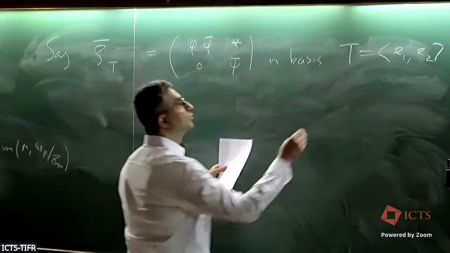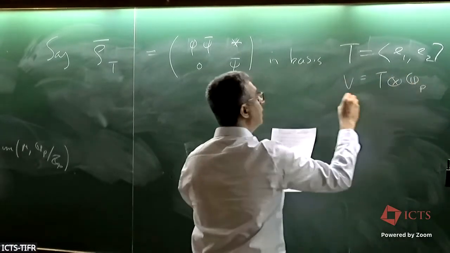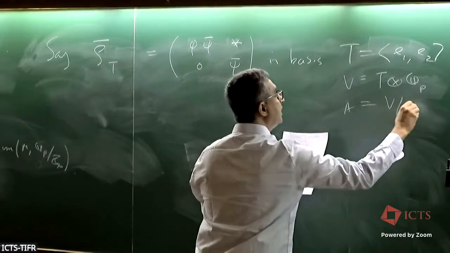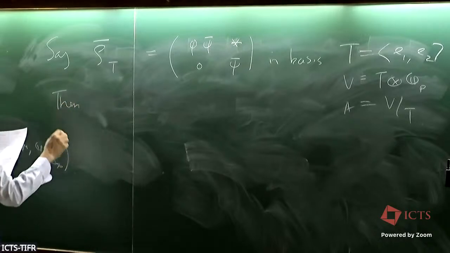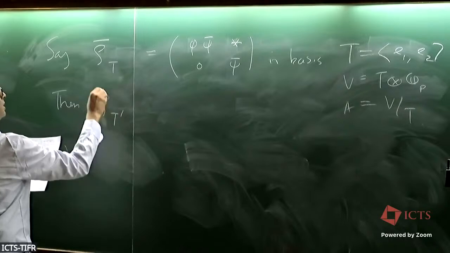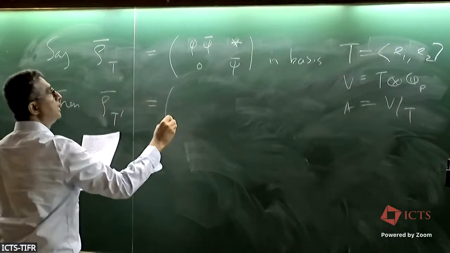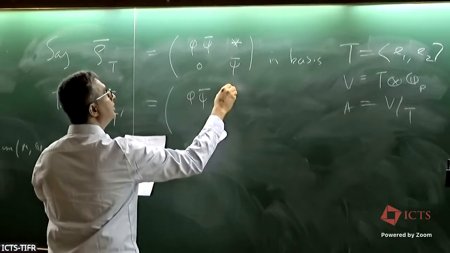And usual notation, let V be T tensor Q_p, A be V mod T. Then you can pick another lattice T prime such that the mod p reduction is lower triangular. Ribet kind of statement.